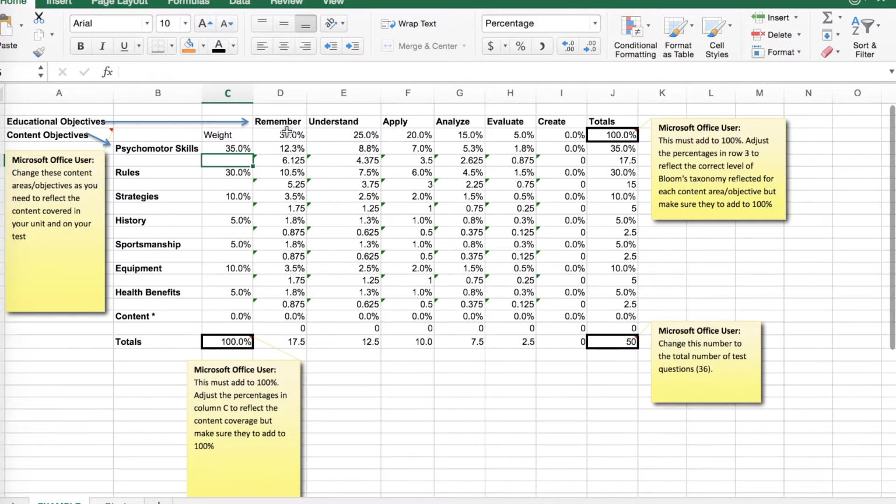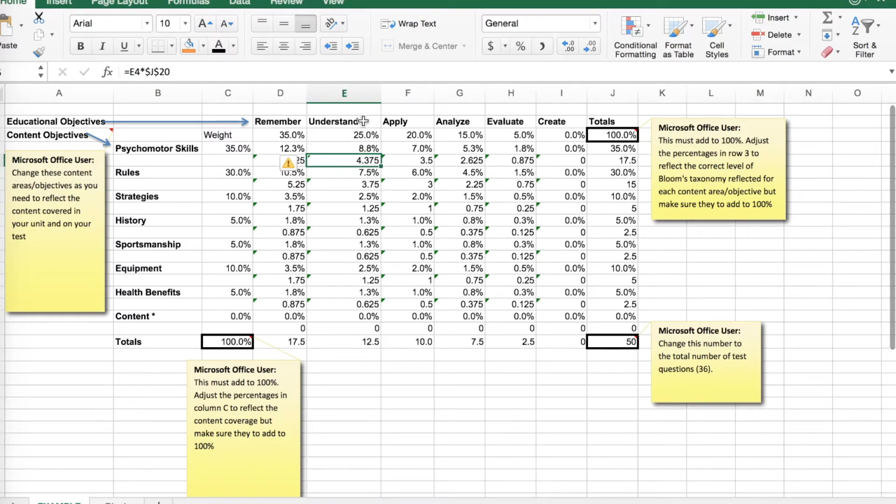Now, what happens is this column right here ends up taking 35% of motor skills and the 50 questions that we want on our tests, and it says that we should have approximately 6.1 questions that are psychomotor skills that are in the remember category of Bloom's taxonomy.